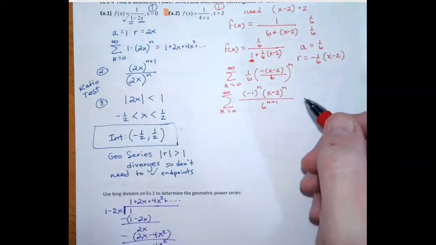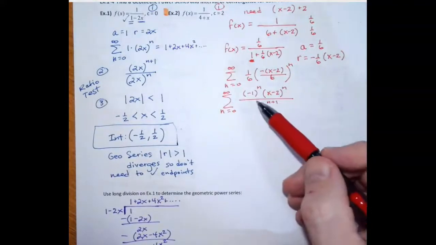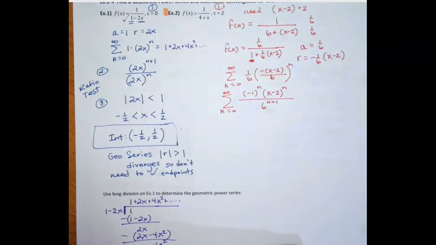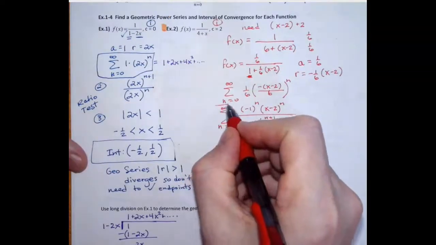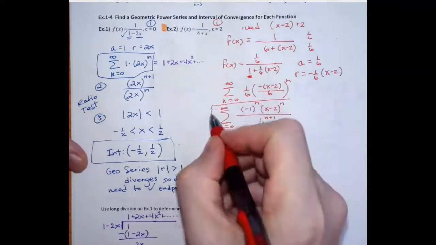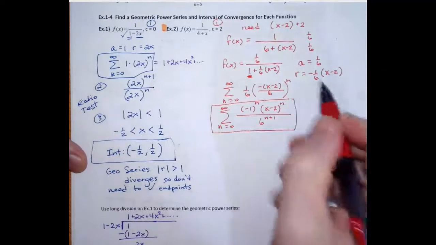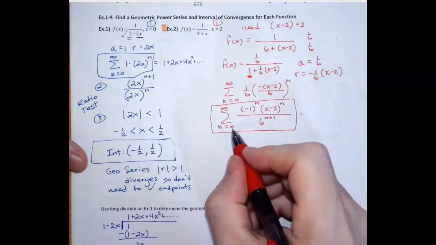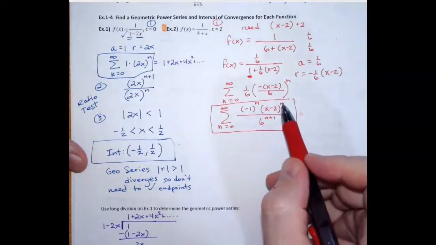So, if we think about what we're going to get there, so that's the first thing they asked for, was the power series, geometric power series. We could write the first couple terms by plugging 0 in there.